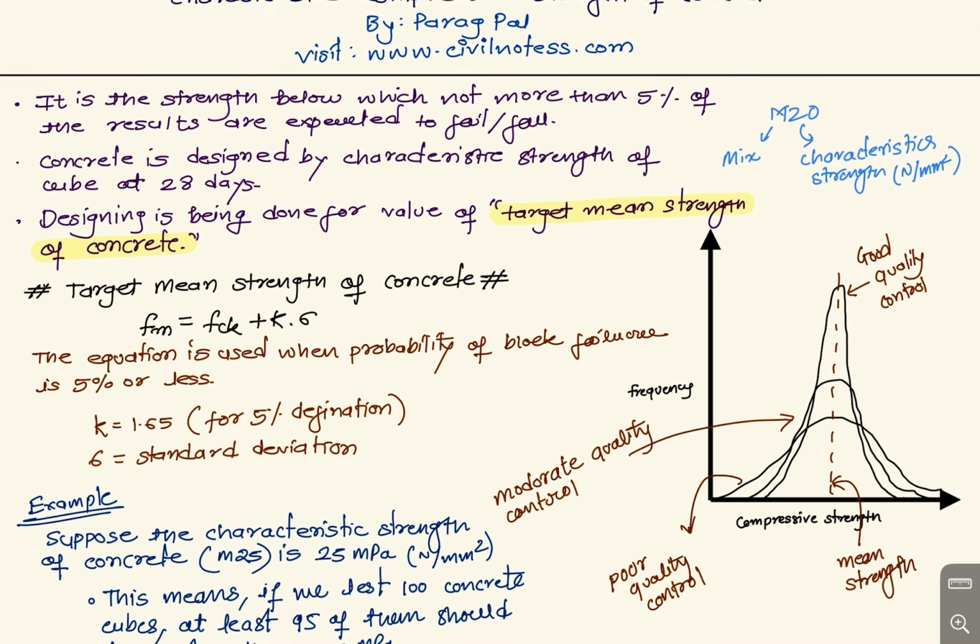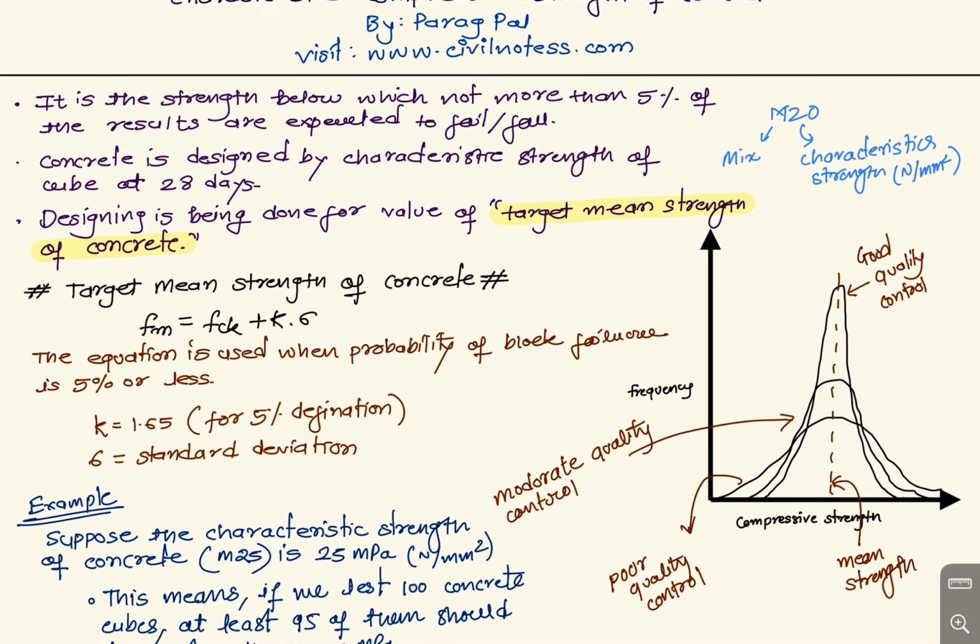So we can get the graph of a few of the cubes after testing like this, which defines that those cubes have poor quality control and are not meeting our compressive strength criteria. We are supposed to be here or here or here, but they are not reaching the criteria, so they are not satisfying our requirement.